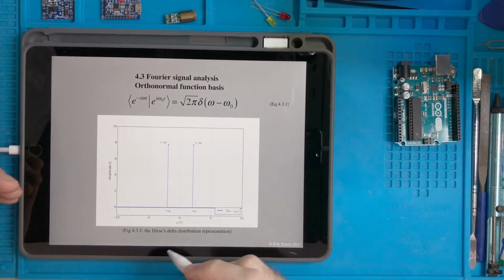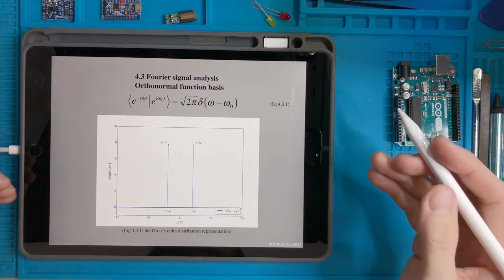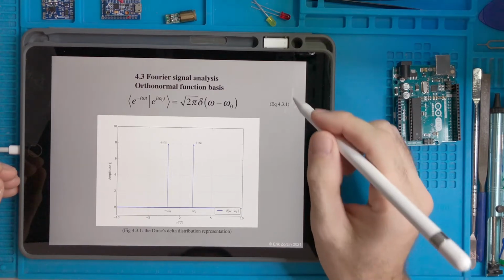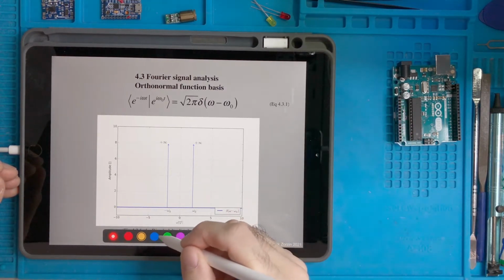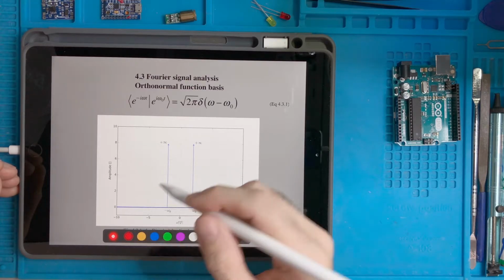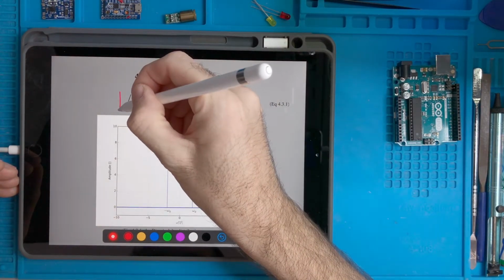Now let's say I cleverly choose a particular class of functions. I choose the complex exponential, because it has this nice property that is written here, but we don't demonstrate it.